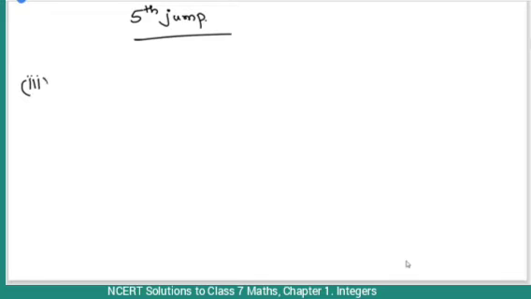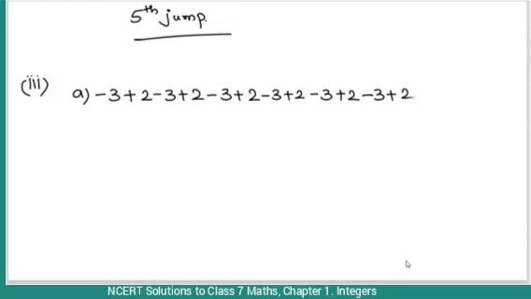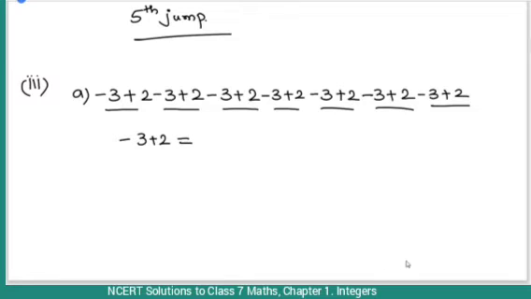Now I will be solving the third question. In that A part, minus 3 plus 2 minus 3 plus 2 minus 3 plus 2 minus 3 plus 2 minus 3 plus 2 minus 3 plus 2, which is equal to, again still one more minus 3 plus 2 is there, minus 3 plus 2, which is equal to minus 24 plus 16, because 3 and 2 are 8 times, meaning minus 24 plus 16, that is minus 8.